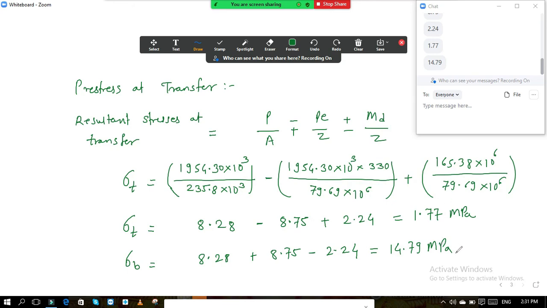What is the compressive stress we have calculated in concrete at transfer? At the start of the problem we calculated it, it is 17.5 MPa. So this is safe. Hence whatever we have designed, it is safe at transfer, when the load transferring is there.